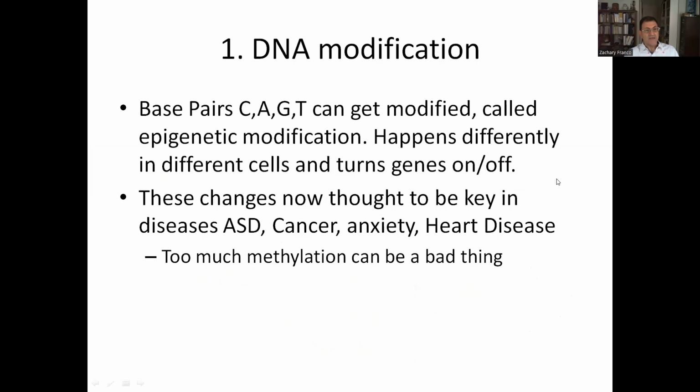All right, so other things that can happen to DNA: there's something called DNA modification. The base pairs that I talked about can get modified, and that happens usually after birth or after the cells divide, if it's bacteria or cancer. And this is epigenetic modification, which means after the genes are copied, different things happen to those base pairs. So you can get acetylated, and you can get methylated.